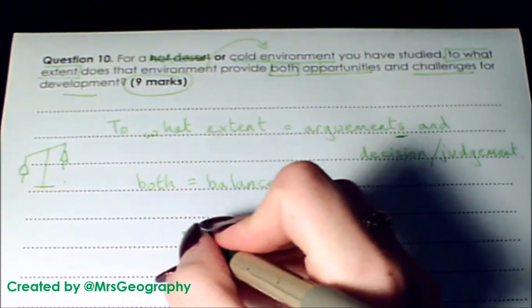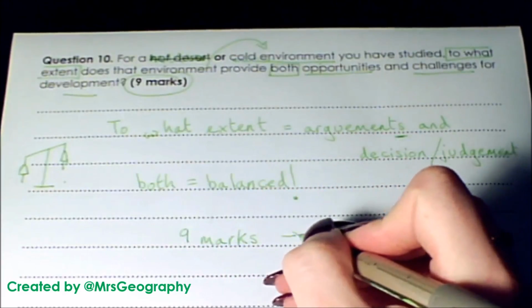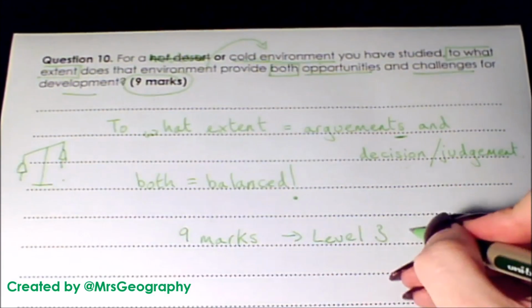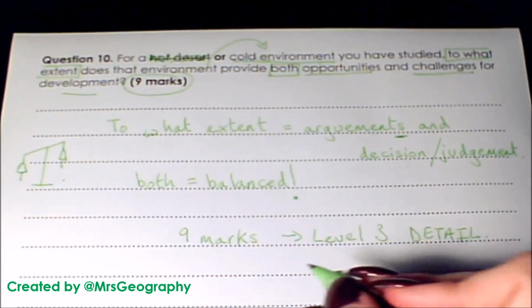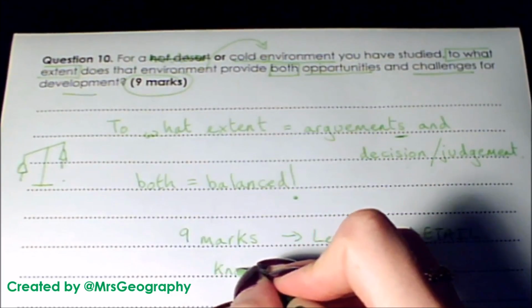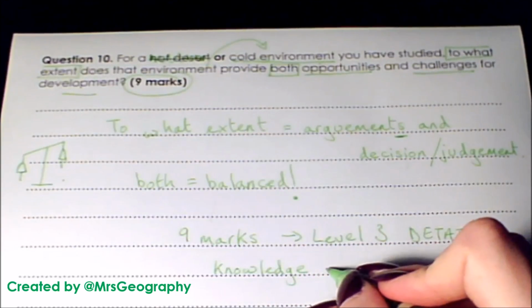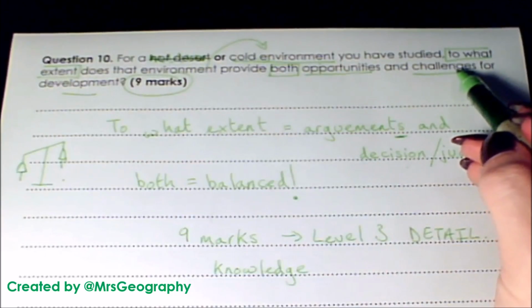So in order to get 9 marks, that would be a level 3 type answer. You provide detail. So you give knowledge of cold environments. So knowledge of opportunities and challenges in a cold environment.